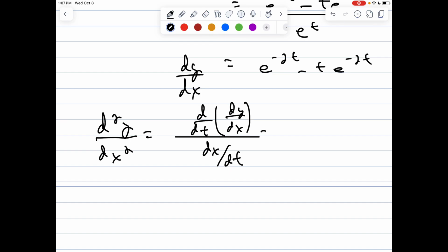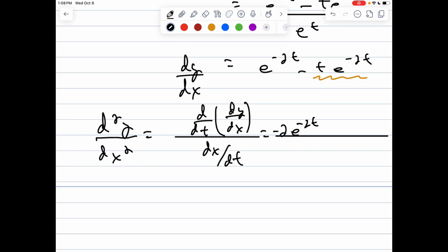All right, so when doing that here, for the derivative with respect to t of dy/dx, take the derivative of that e to the minus 2t, which is minus 2 e to the minus 2t. Sorry, for this next rule, it's going to be the product rule.